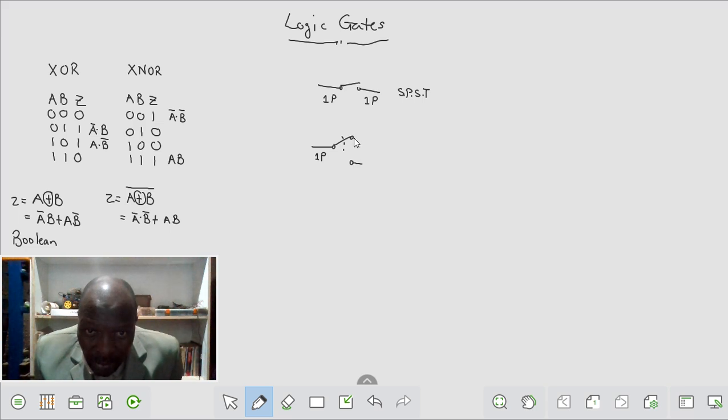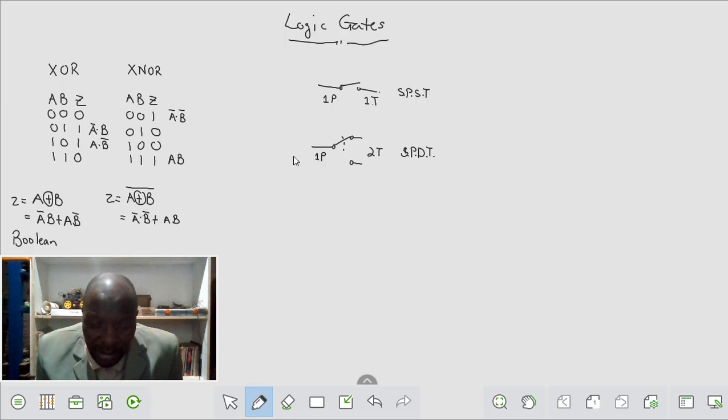I said single pole, single throw, but that one is single pole, one line came in, but that line is able to throw two ways. So this is called double throw. Single pole, double throw.